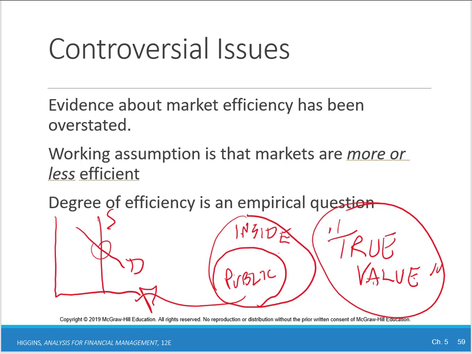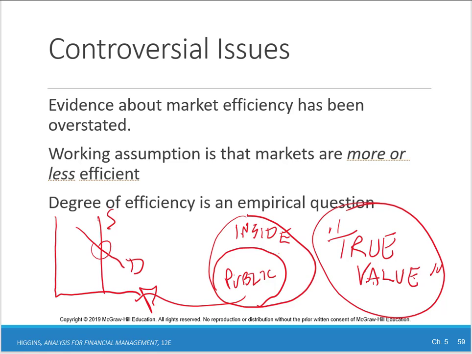So the idea here is that when we make decisions, we're always doing it on an incomplete database. So when we say the market is not efficient, the market does reflect the information that we have to use. But on the other hand, that's not the true value of the stock.